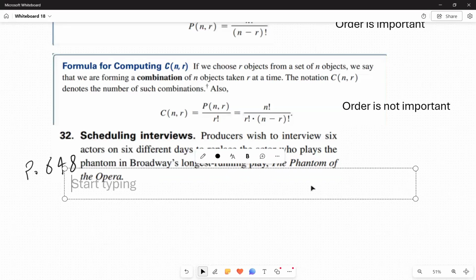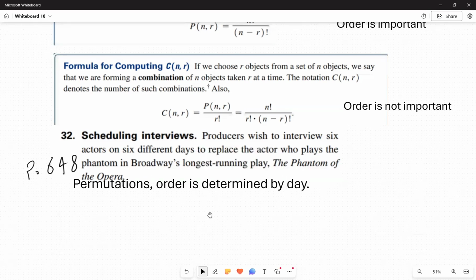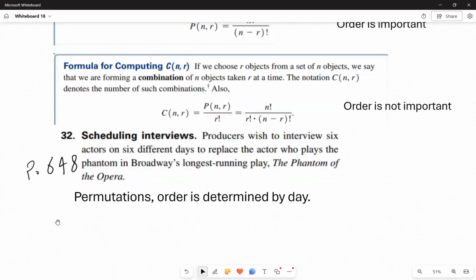So we are going to draw a slot diagram. Let's say they are going to interview 6 actors in different ways. And we have day 1, day 2, day 3, day 4, 5, and 6.